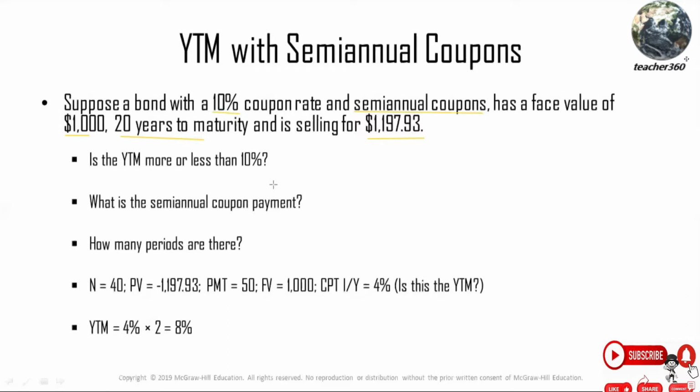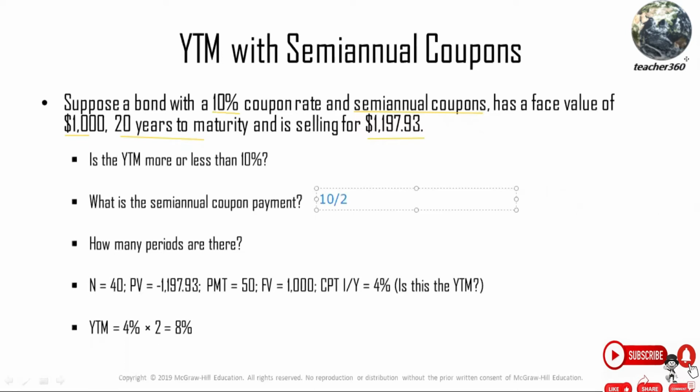What is the semi-annual coupon payment? We can find it. Since it is semi-annual, the yearly coupon rate of 10% divided by 2 gives a semi-annual coupon rate of 5%.